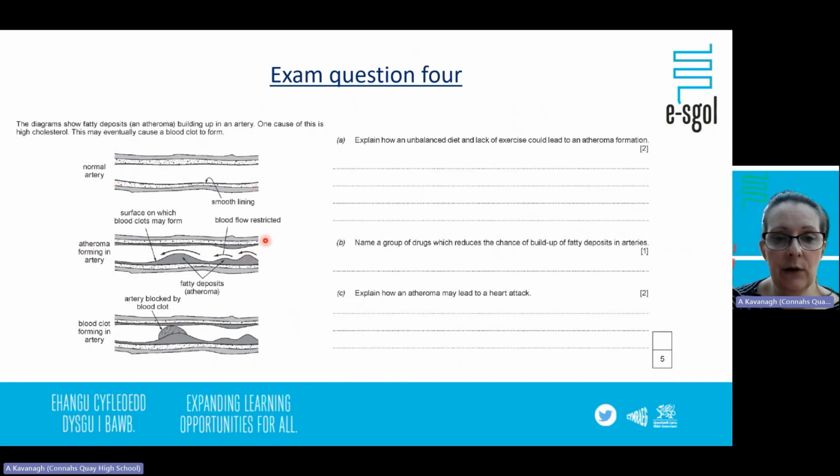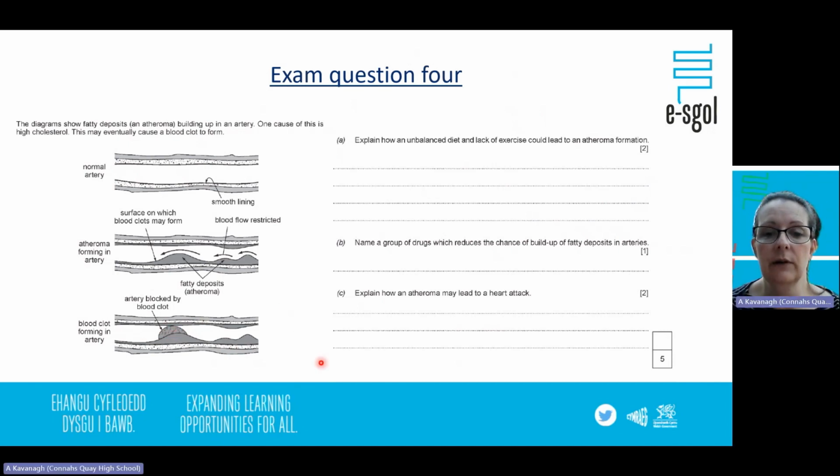So we know that blood flow would not be as efficient as it could be. Then in our third diagram, a blood clot has formed in the artery. This is our blood clot and the artery has become blocked. Where our atheroma has formed, that has stopped the blood and so it has become blocked here.